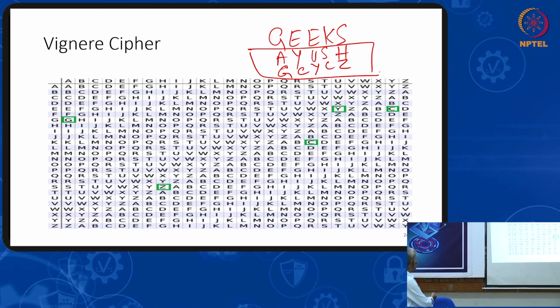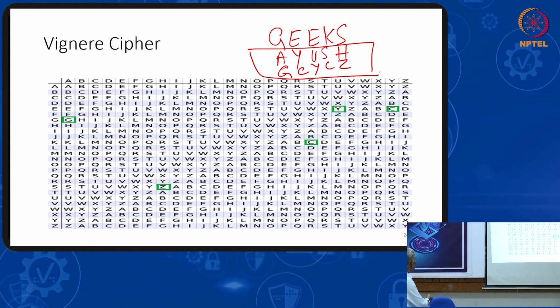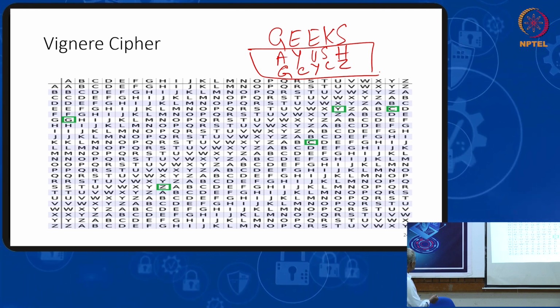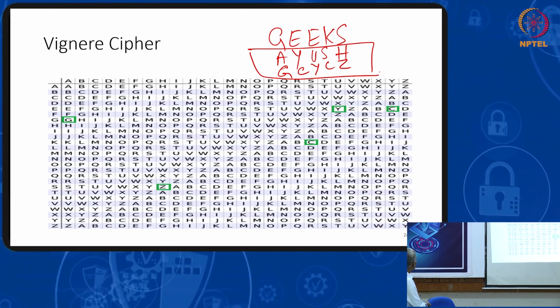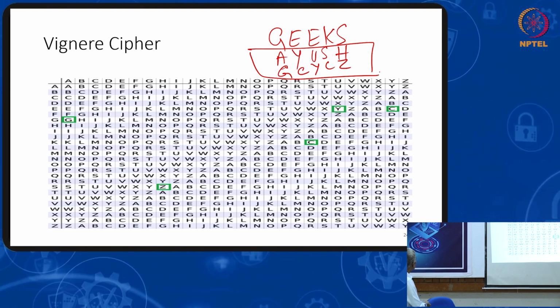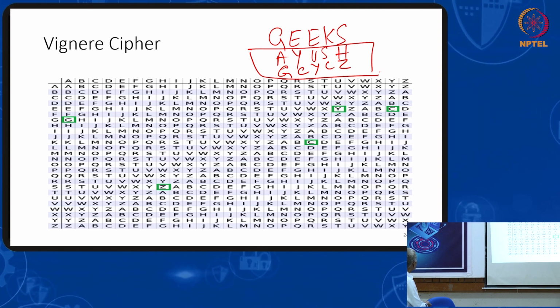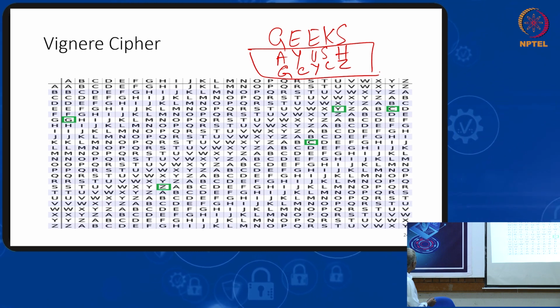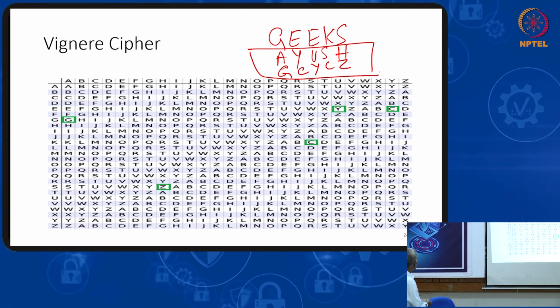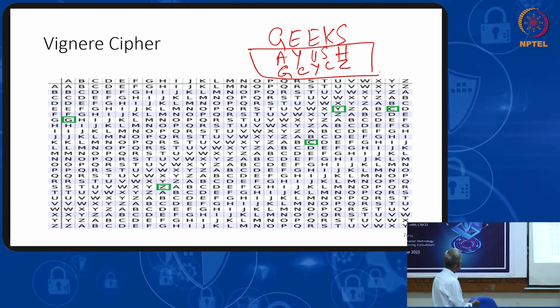If you take G row, 8th column, what will you get? G. Y row, 6th column, it will be A. C row, 8th column.